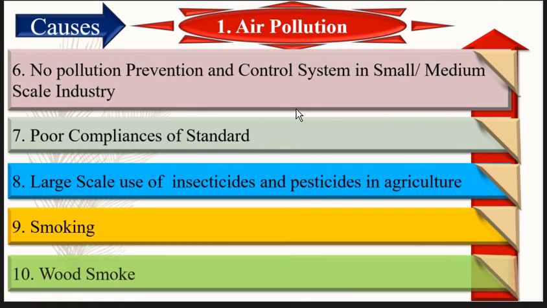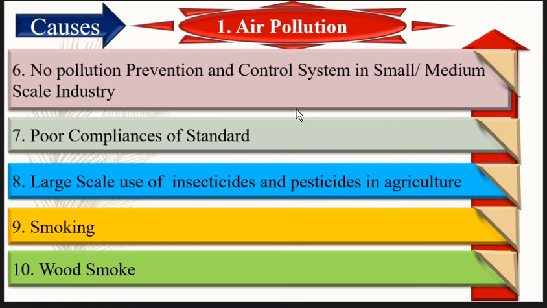And last is wood smoke. Friends, most people in rural India burn wood, cow dung cakes, coal and kerosene oil to cook food. The kitchens are generally housed in unventilated rooms where unscientific or conventional chulhas are used. The fuel used in the kitchens emits large quantities of smoke consisting of carbon monoxide, carbon dioxide, sulfur, etc. Therefore, polluting the air to a great extent.